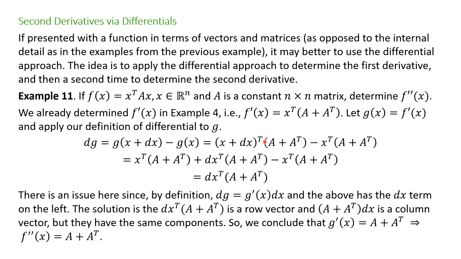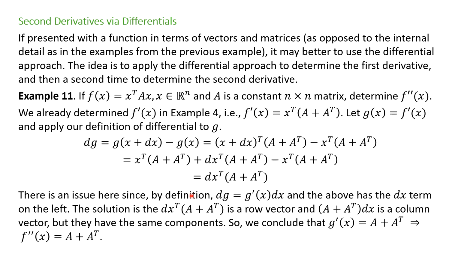Then we multiply out, taking the transpose first and then multiplying. So x transpose times A plus A transpose plus dx transpose times A plus A transpose, then minus this term, then this term and this cancel, and we get this here. So this is almost the form that we want. We'd like to have the dx on this side.